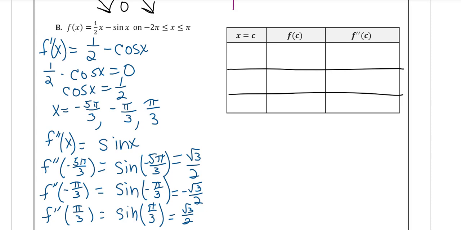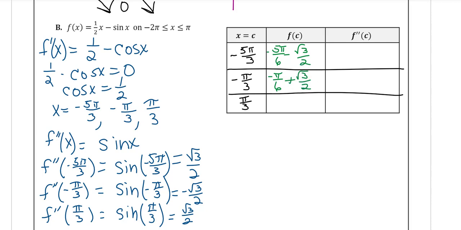Okay, so our 3 zeros are negative 5 pi over 3, negative pi over 3, and pi over 3. So I didn't substitute those in the function, but if I were to do that, I would get, for the first one, negative 5 pi over 6 minus square root of 3 over 2. And for the next one, I would get negative pi over 6 plus the square root of 3 over 2.